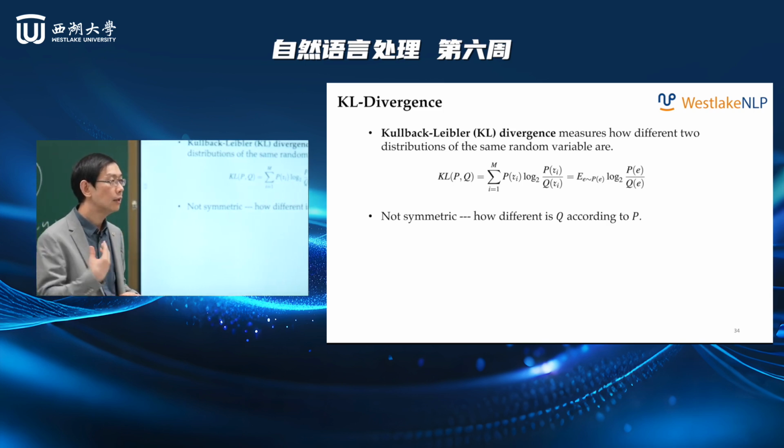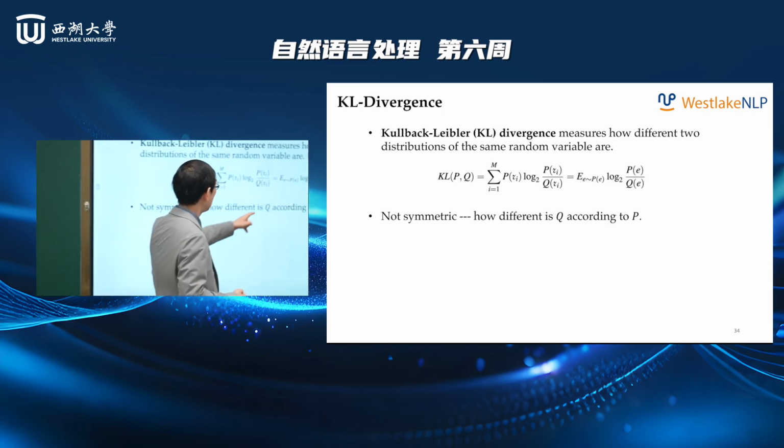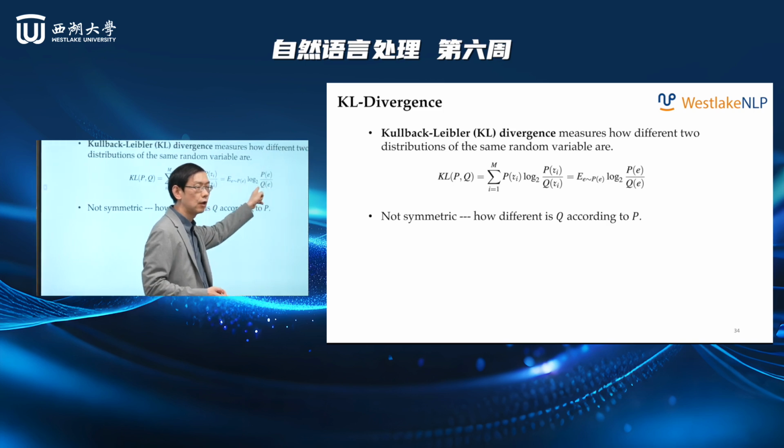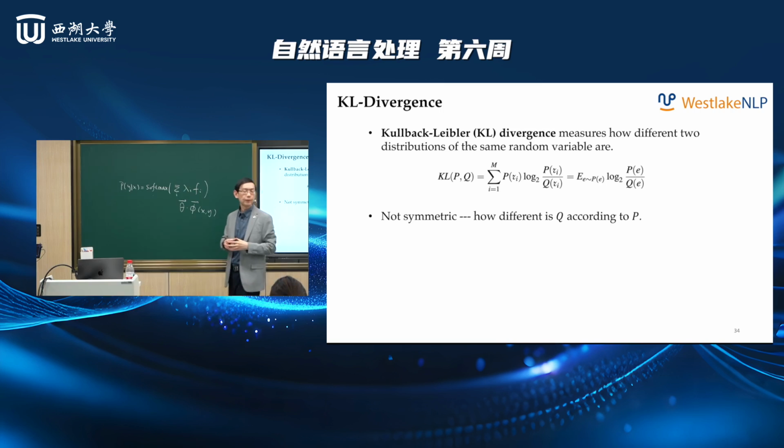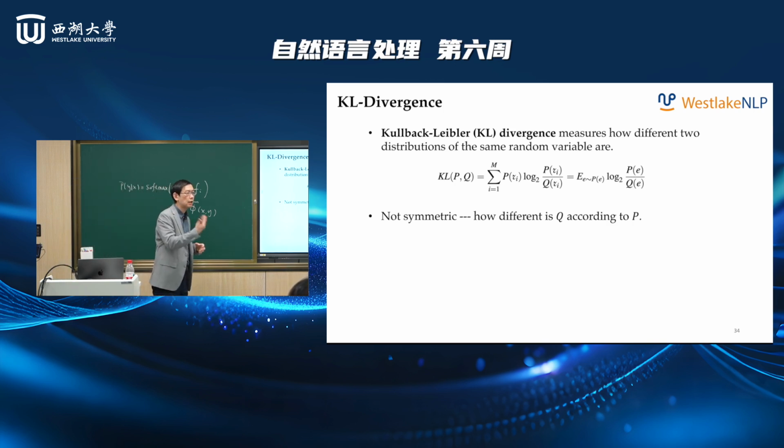The thing I calculate the weighted average for is log 2 P divided by Q, so it's a difference between P and Q. And it's a little bit like an entropy, okay? So the thing you notice is that this divergence measure is not symmetric.